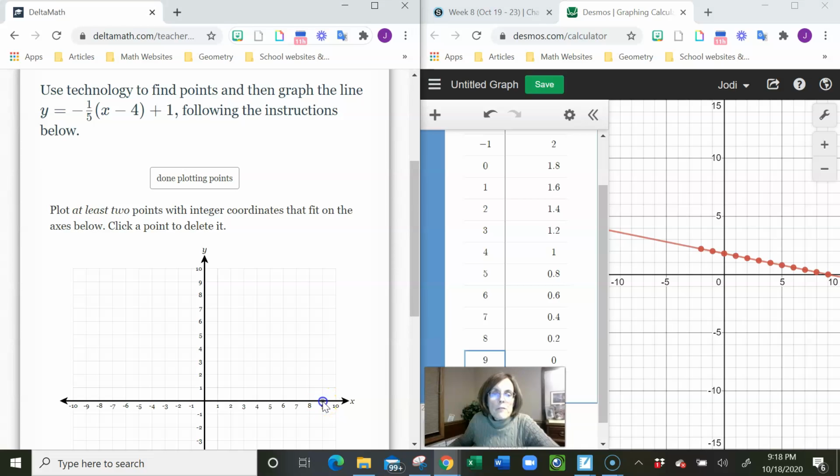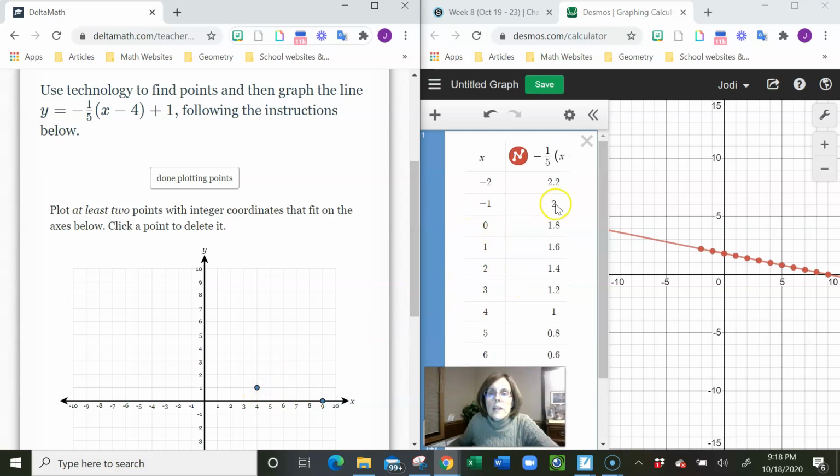So let me plot a few of these. 9, 0, I will take 4, 1. And here's another nice one, -1, 2. So over -1, up 2. So you can see that I have 3 points plotted here, and I got that from my table.